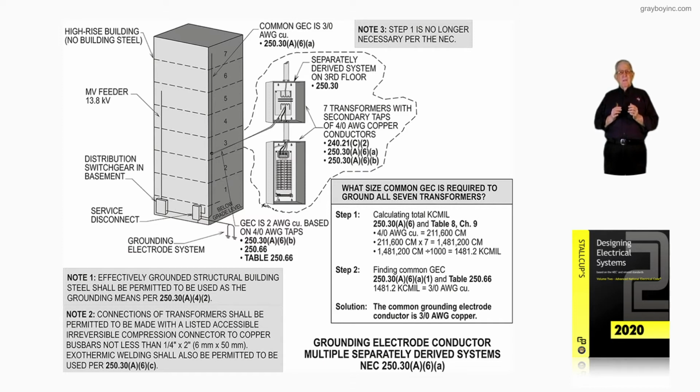Now, keeping that in mind, the third bullet up there says step 1 is no longer necessary per NEC. We're talking about the step 1 in the boxed-in information. Notice we do have separately derived systems on 7 floors. We're calling out just one of them on the 3rd floor.